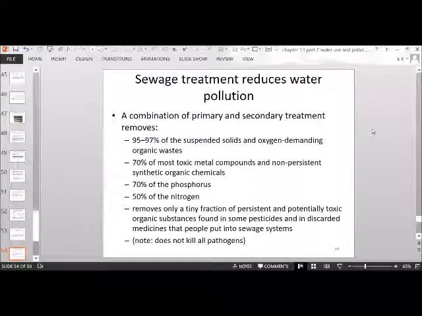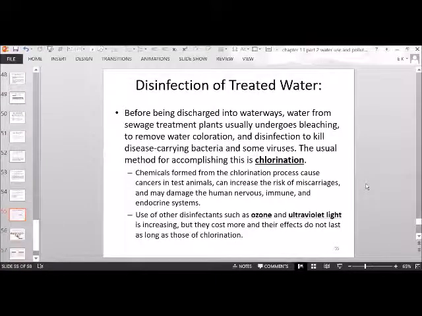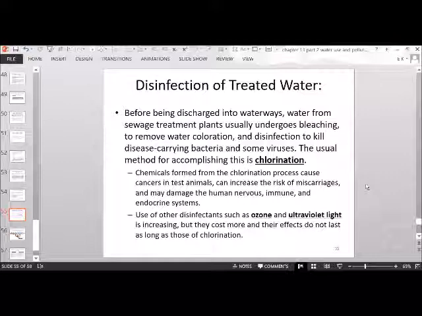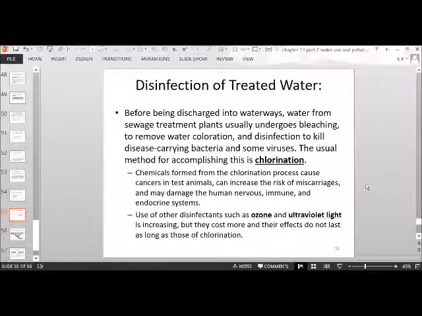Also, sewage treatment does not kill all pathogens. The primary and secondary treatment we've discussed so far does not kill all the pathogens, so then it needs to be disinfected. Before being discharged into the local waterways, the water has to undergo bleaching to remove any coloration, and disinfection to kill any bacteria and some viruses.